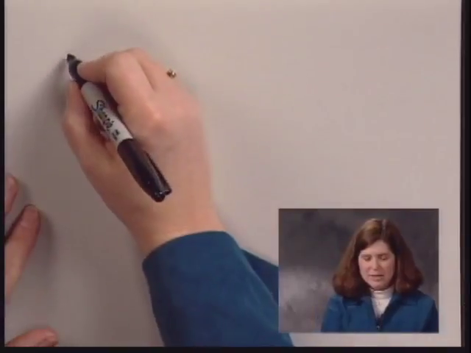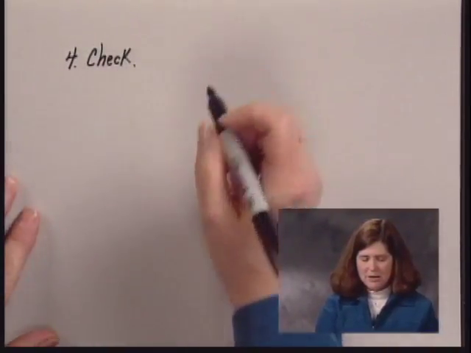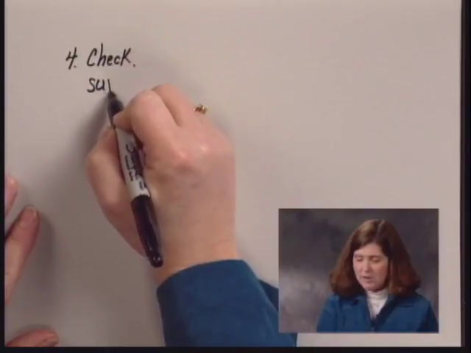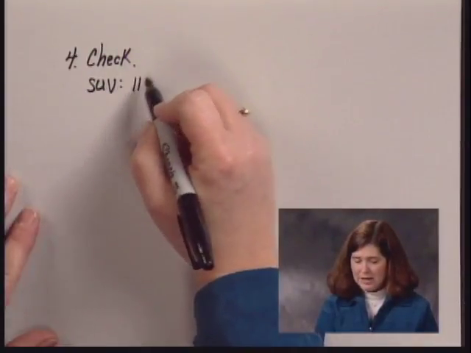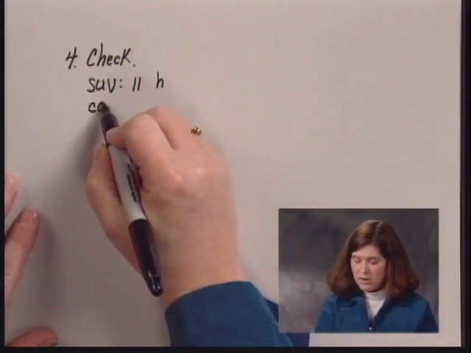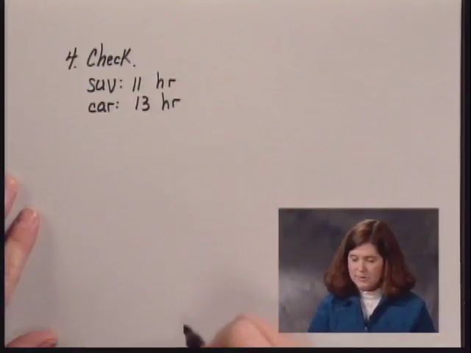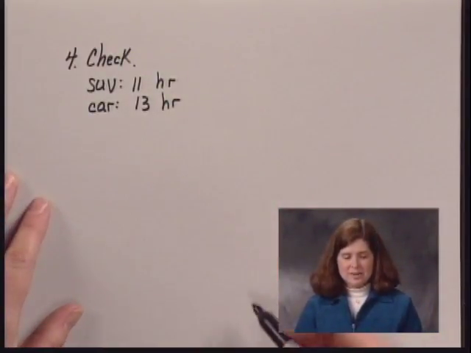So we move to the next step, and that is to check our answer. We have that the SUV's time was 11 hours. That means the car would travel 13 hours. Well, let's check the distances.